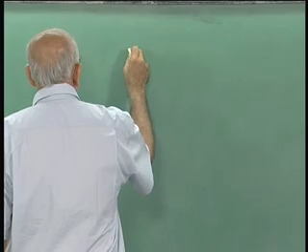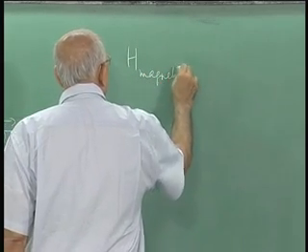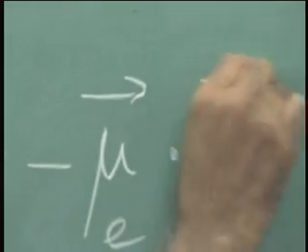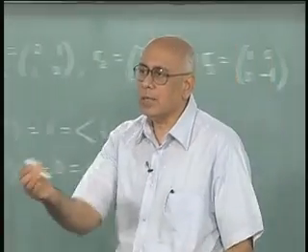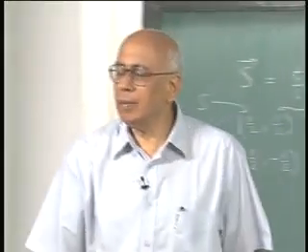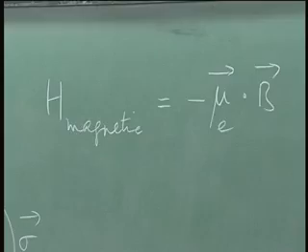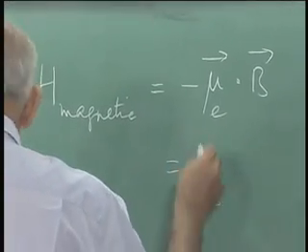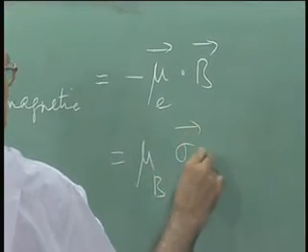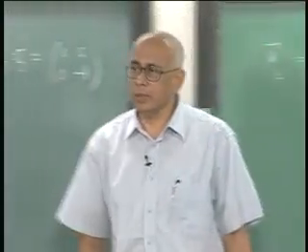So let me call this H magnetic, which is equal to minus mu dot B, the magnetic dipole moment dotted with B. That, as you know, is the potential energy of a magnetic dipole moment in an applied magnetic field B. And if you put this in, this becomes equal to mu Bohr, which is a number, and then sigma dot B. That is the Hamiltonian.